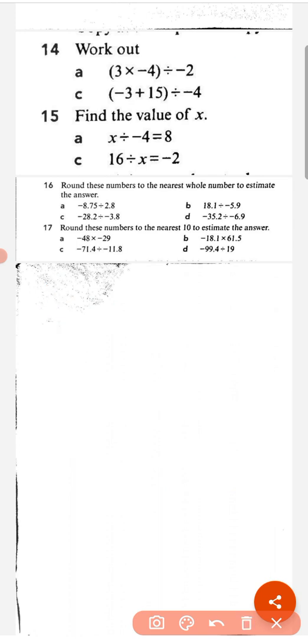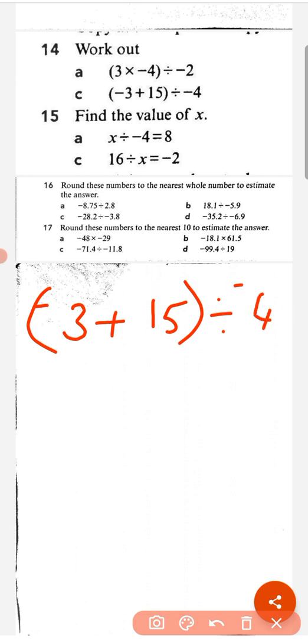Next is negative 3 plus 15, in brackets, divided by negative 4. Brackets first. So negative 3 plus 15. Here we are adding numbers with different signs. So 15 minus 3, that is 12.